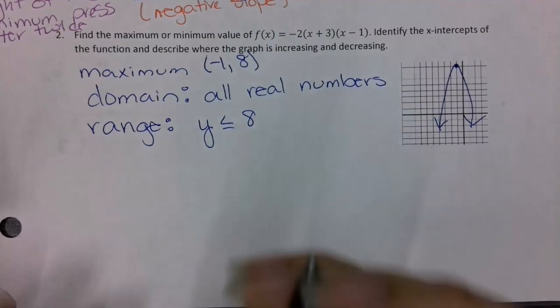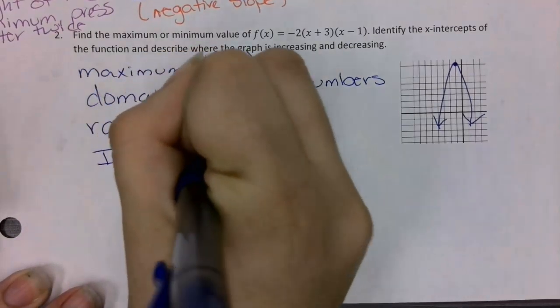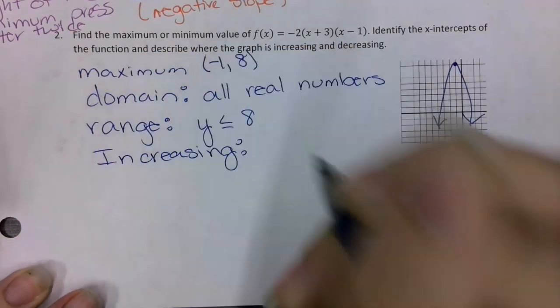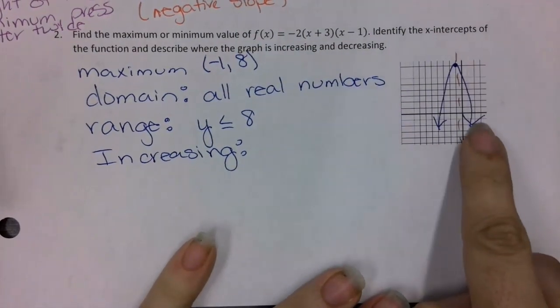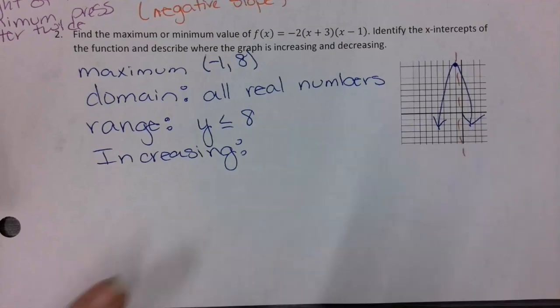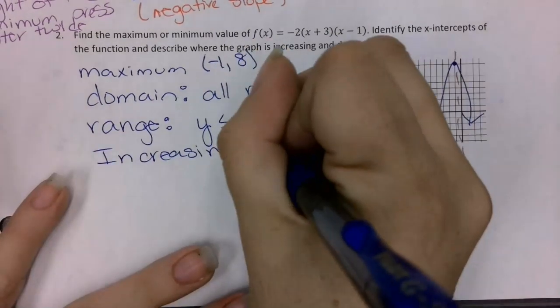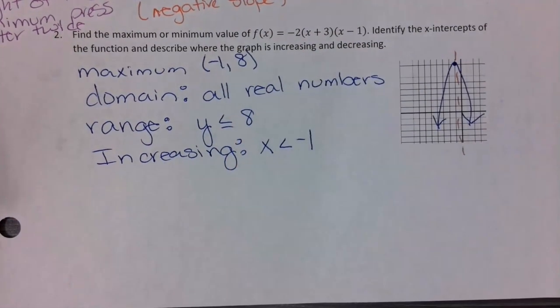What else? Increasing. So is it increasing on the right side of 1 over here? No, it's decreasing. So this one actually switches up, and it's going to be x is less than negative 1, because this time it's on the left.